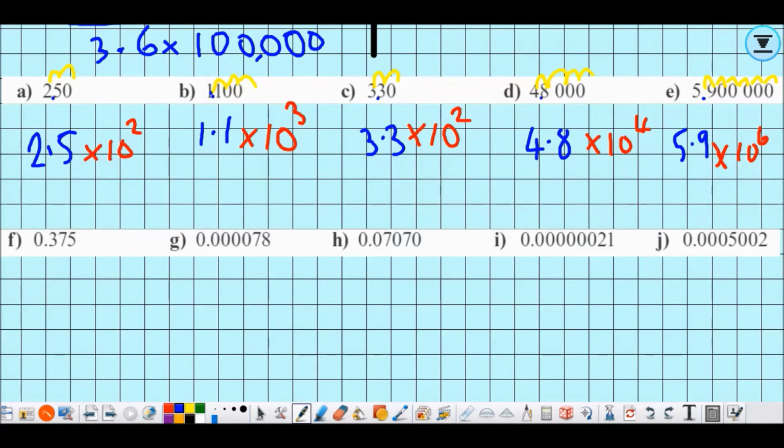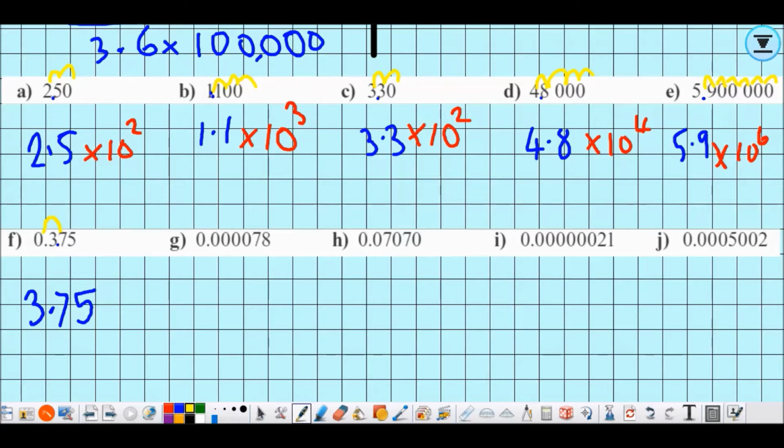Okay, if I've got more than 2 digits, now we've had 2 digits, 2.5, 1.1, 3.3, and so on. We've got 3 digits here, so I'm going to still make it between 1 and 10, and the only way to do that is to make it 3.75. So you can see where my decimal point is fitted in here, how many places to bounce.